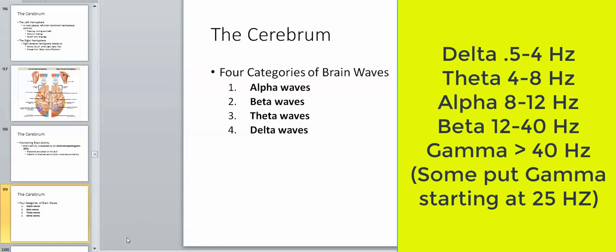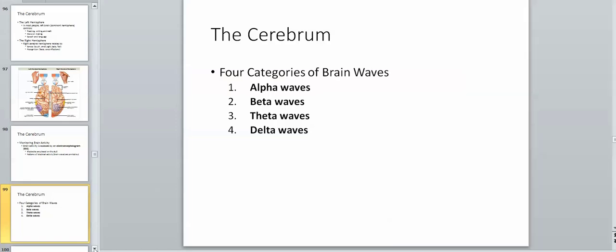And while I have gone over them in the notes quite extensively, including the cutoffs of the wavelengths, I would not take that too literally, because different researchers will put some of these at slightly different frequencies depending on whom you read.